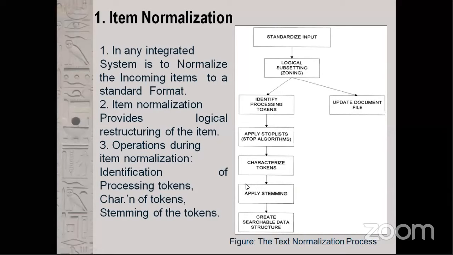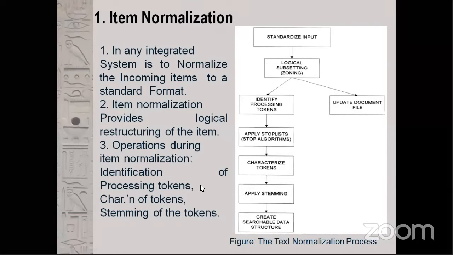After identifying the tokens, next I need to go for applying the stop list. Applying the stop list means that from my given document collection, I'm identifying many words, maybe some valid words.